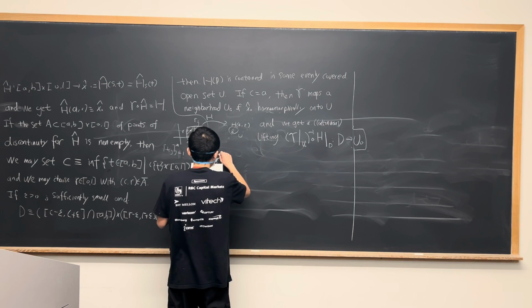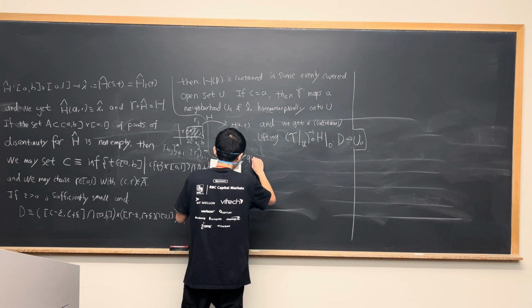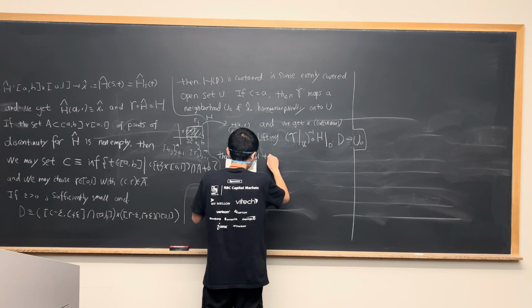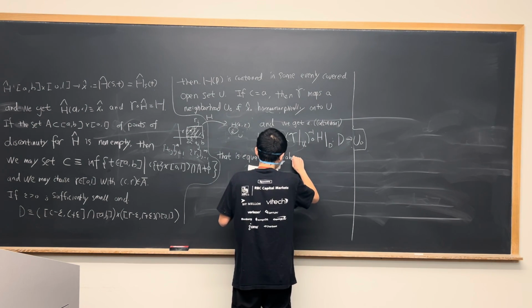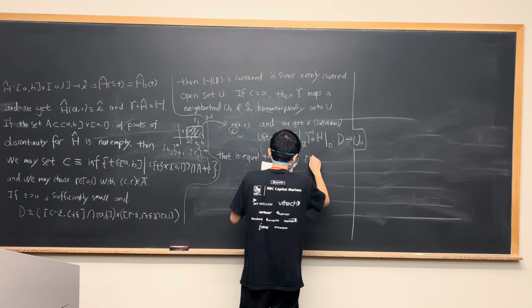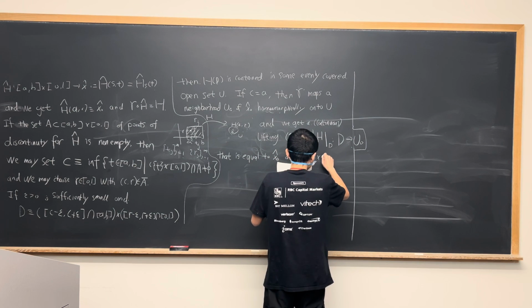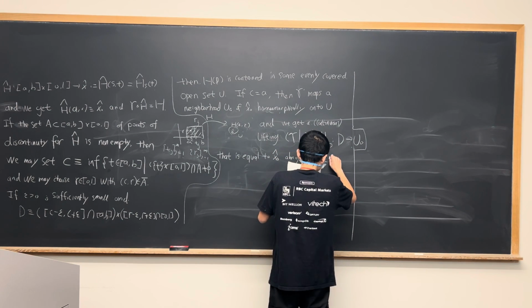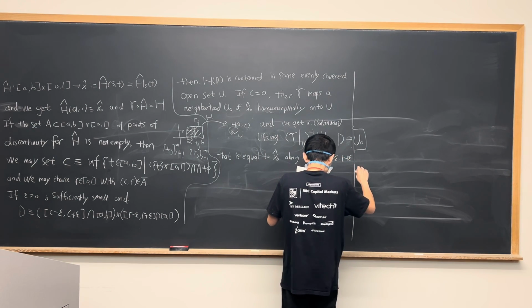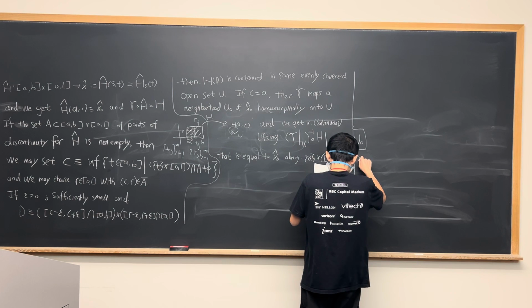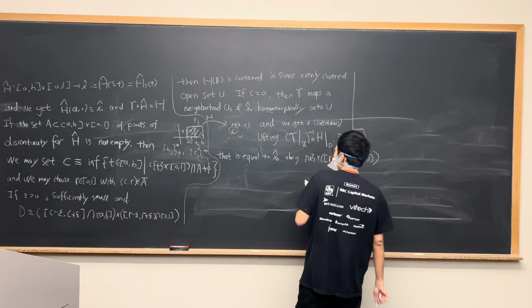That is equal to X naught hat along this A cross, R minus epsilon, R plus epsilon, intersect 0, 1.